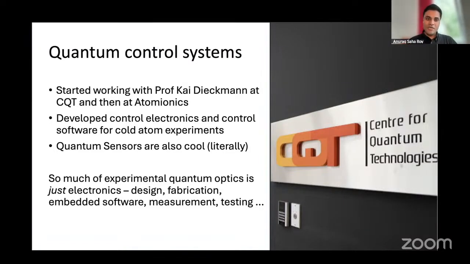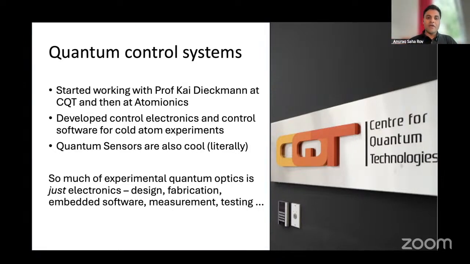So I moved to Singapore and started working with Professor Kai Dieckmann at CQT and then at this startup called Atominics. And the natural transition when you go from electrical engineering to experimental physics is basically to work on control electronics. So both electronics and control software for physics experiments.